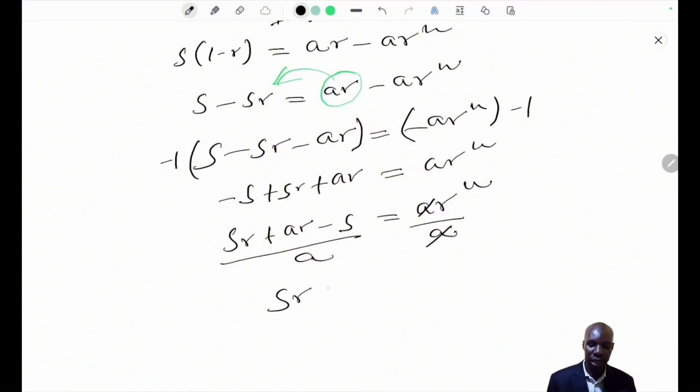Then we'll have S R plus A minus S over A equals R to the power N.